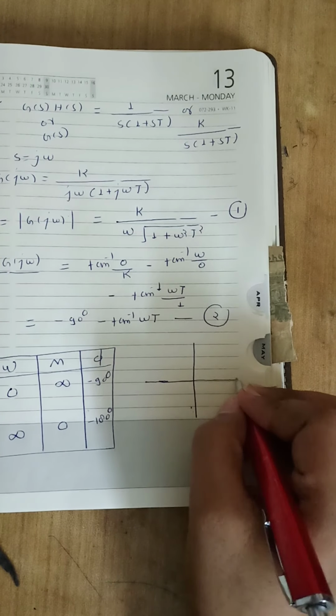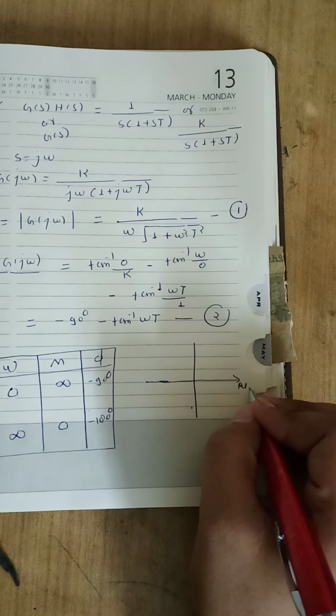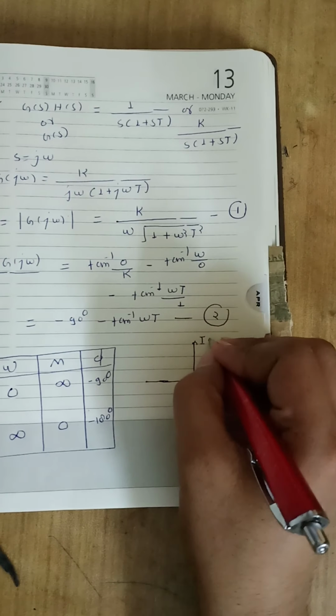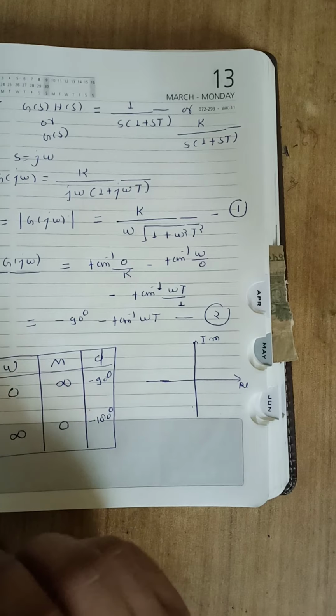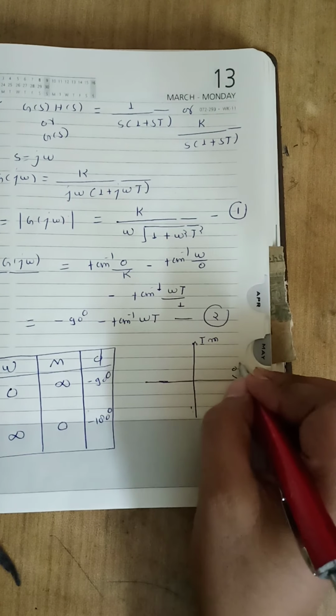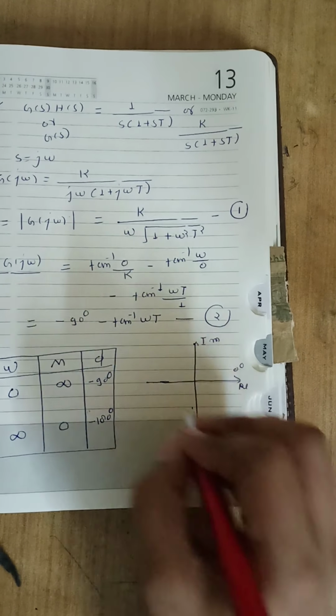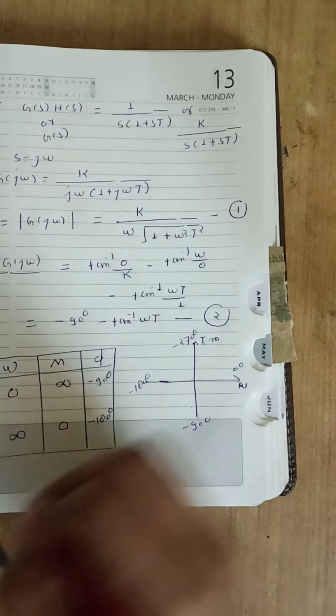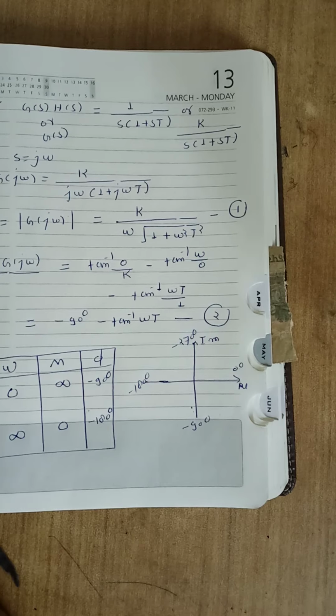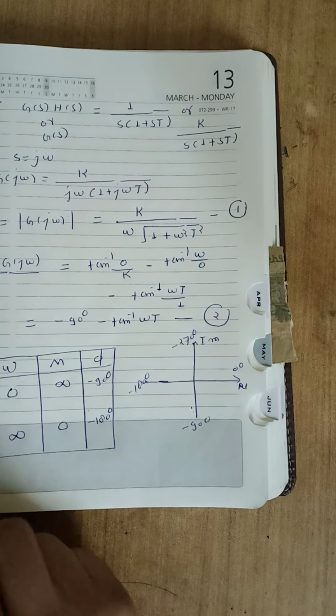Now let us define the real axis, the imaginary axis, and the phase angles 0 degree, minus 90 degree, minus 180 degree, minus 270 degree. Now draw the polar plot according to the table.